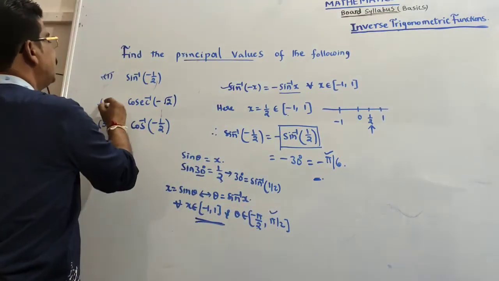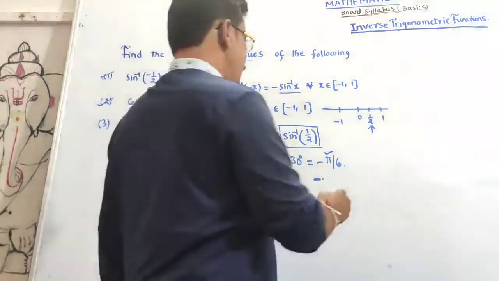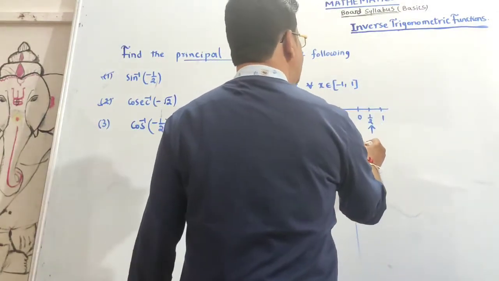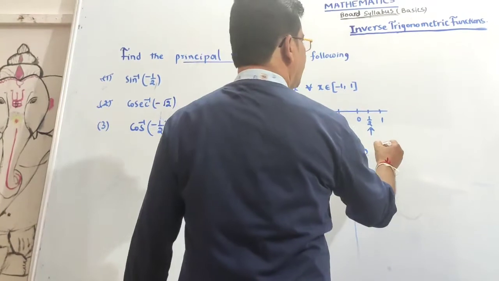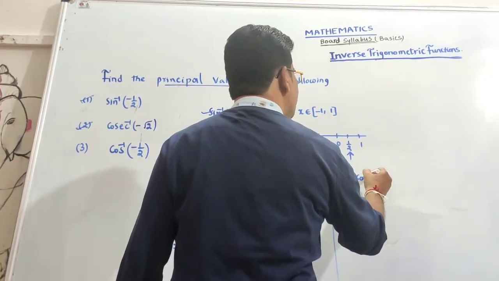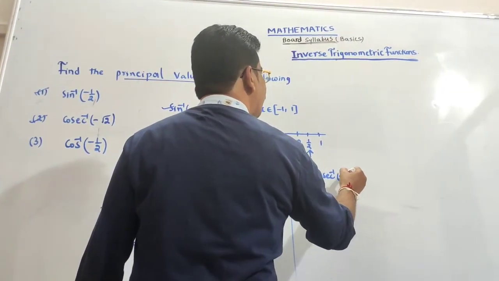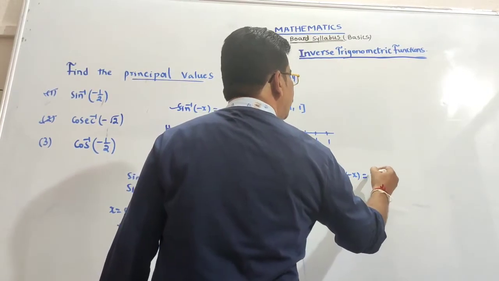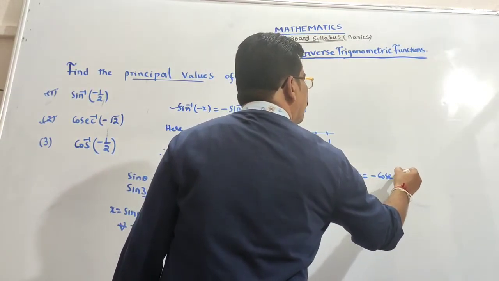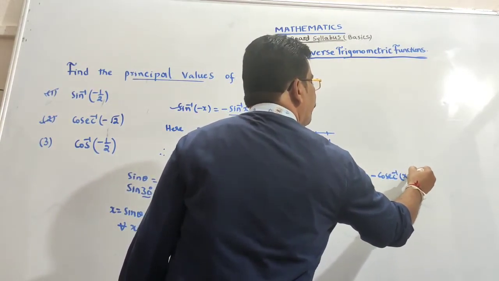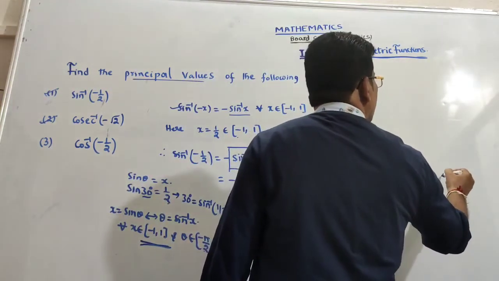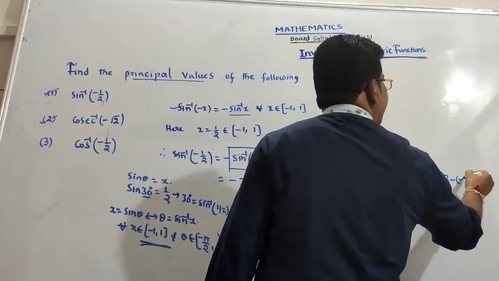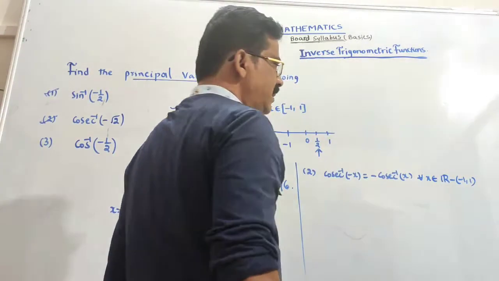Next, second question, cosecant inverse of minus root 2. Look at the board. Actually, the formula: cosecant inverse of minus x equals minus cosecant inverse of x, for all x belongs to capital R minus open interval of minus 1 comma 1.